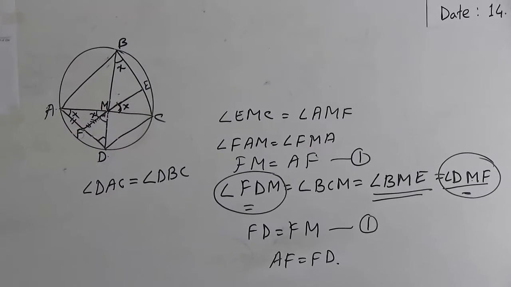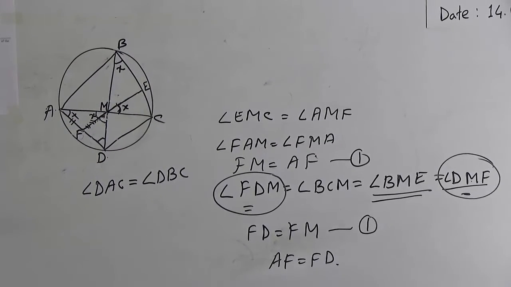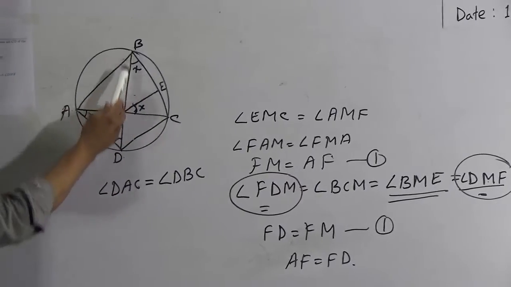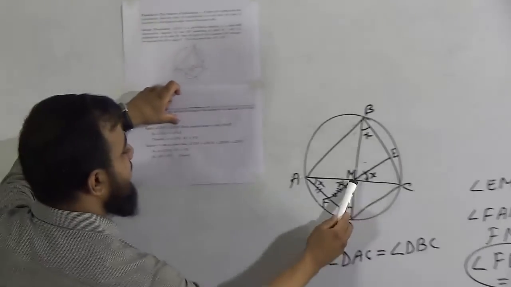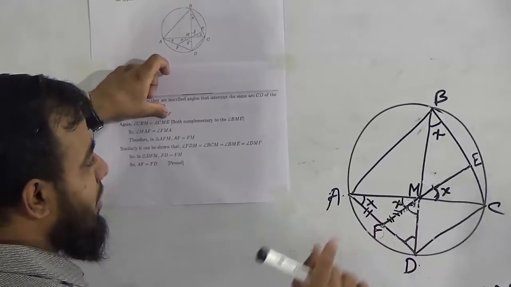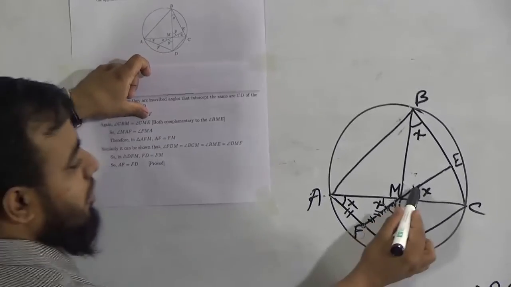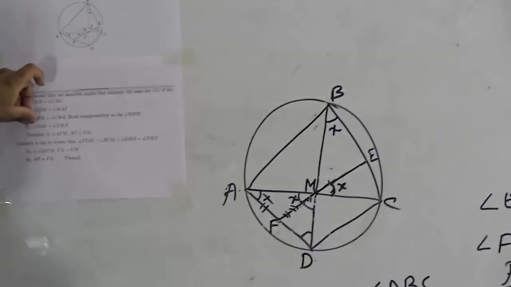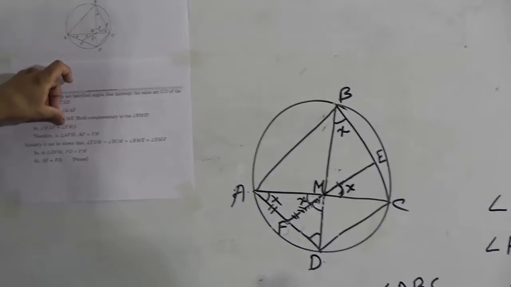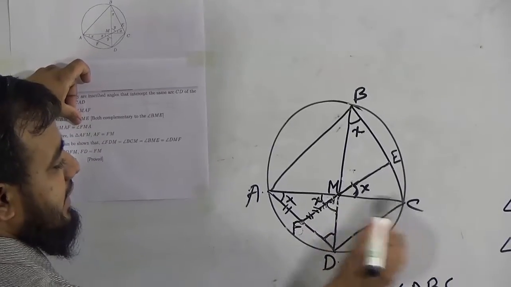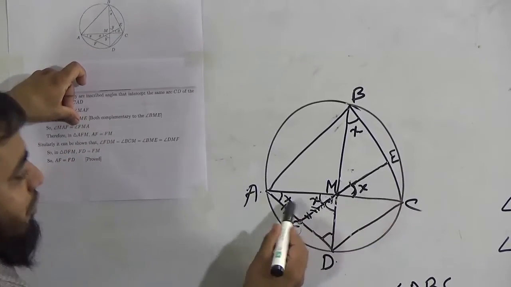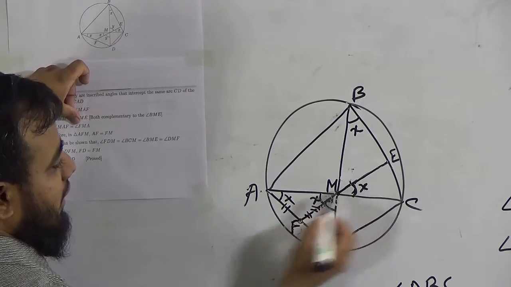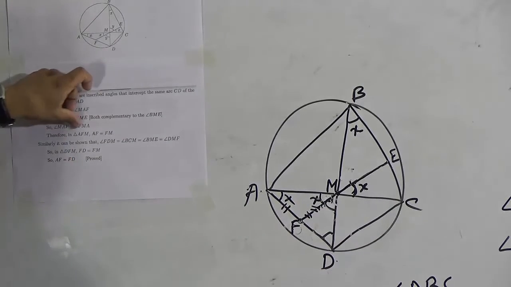And again, angle CBM is equal to angle CME, because they are complementary angles of the same angle. We can also write down that CME is the vertically opposite angle of AMF. So these two are equal, in the triangle AFM.